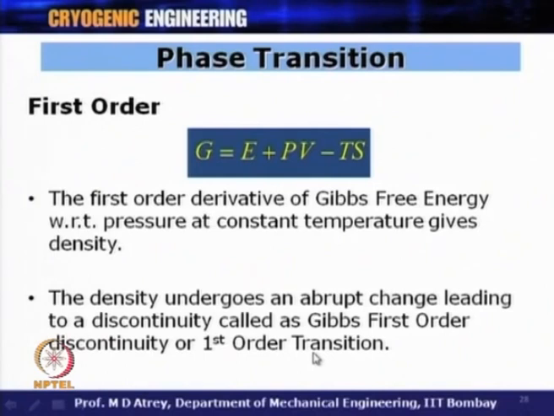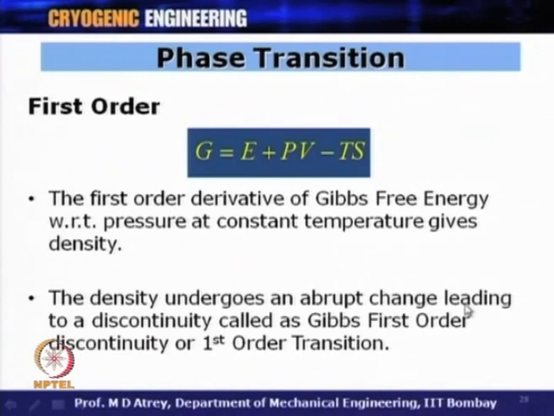I am basically going to explain what the first order transition is and what the second order transition is. In the first order transition, whenever transitions of this nature happen, they happen at constant temperature and the density goes through an abrupt change.